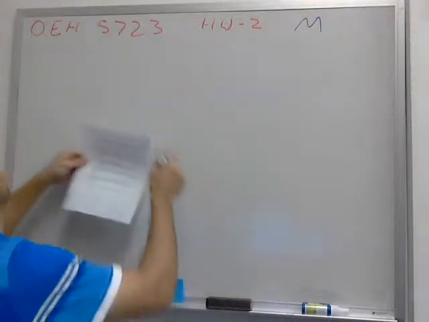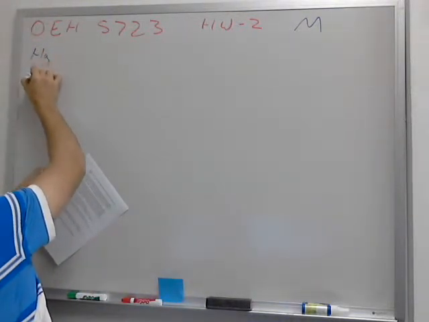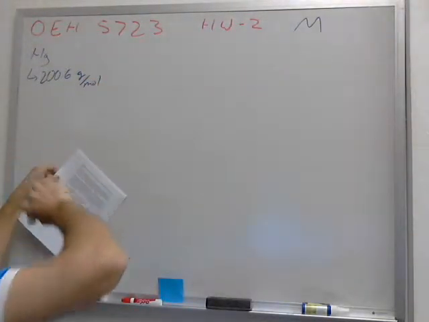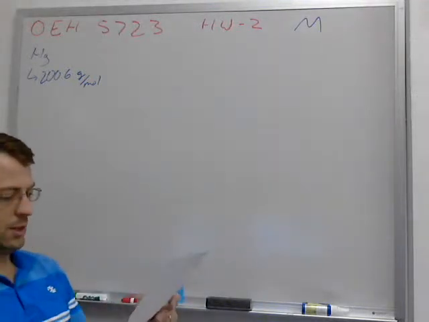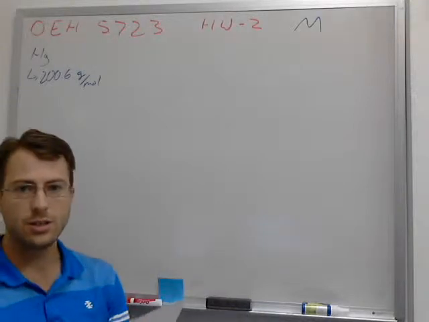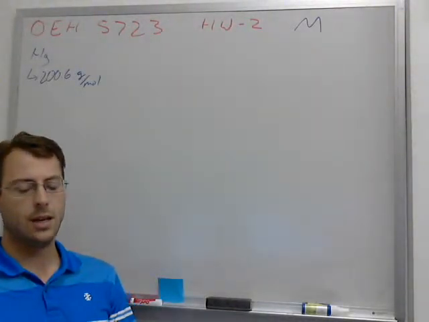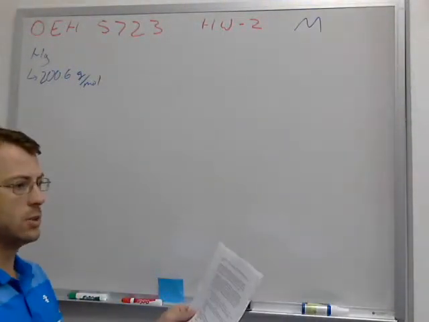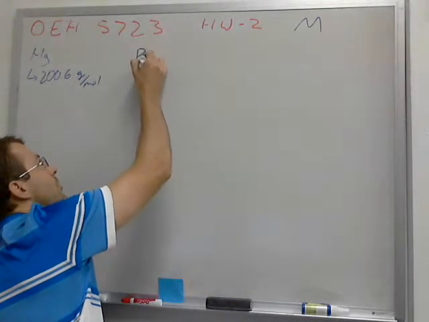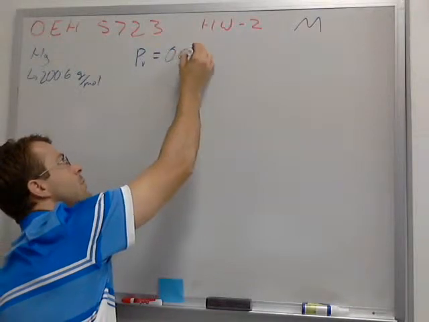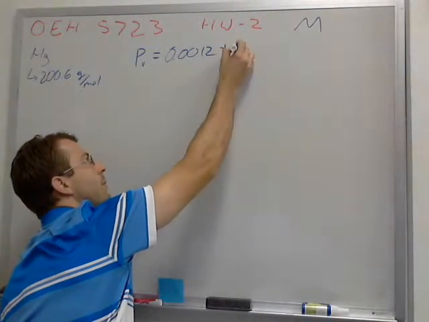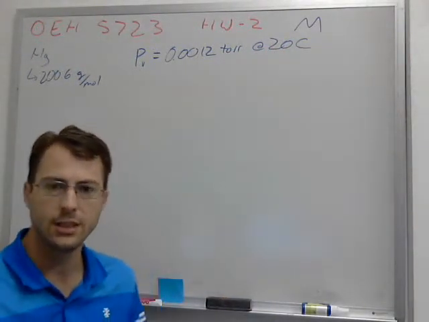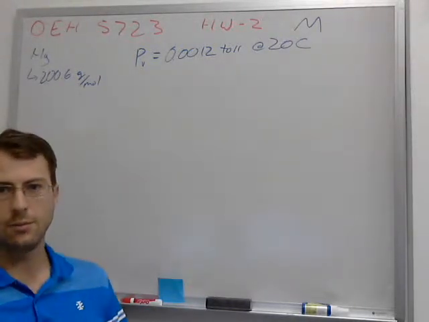So problem M, we've got mercury with a molecular weight of 200.6 grams per mole, and we are trying to determine what the concentration would be if we had a saturated vapor, and we know that the vapor pressure of mercury is 0.0012 torr at 20 C. So the pressure of the vapor equals 0.0012 torr at 20 C.